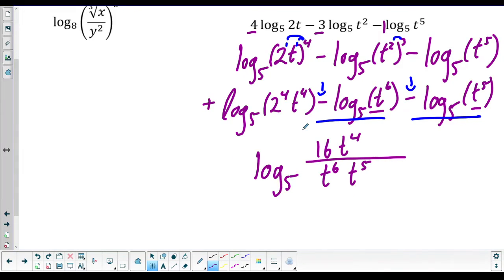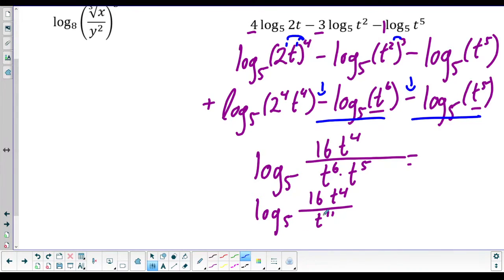Now our log is condensed, but we need to not be lazy about our simplification here. So we're going to simplify this business. When we're multiplying two variables together, we add their exponents. So this will be t to the 11th. So we're going to have log base 5 of 16 t to the 4th over t to the 11th.